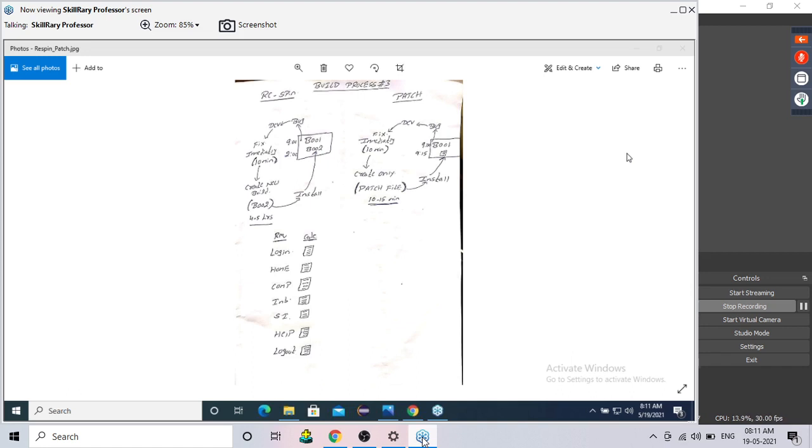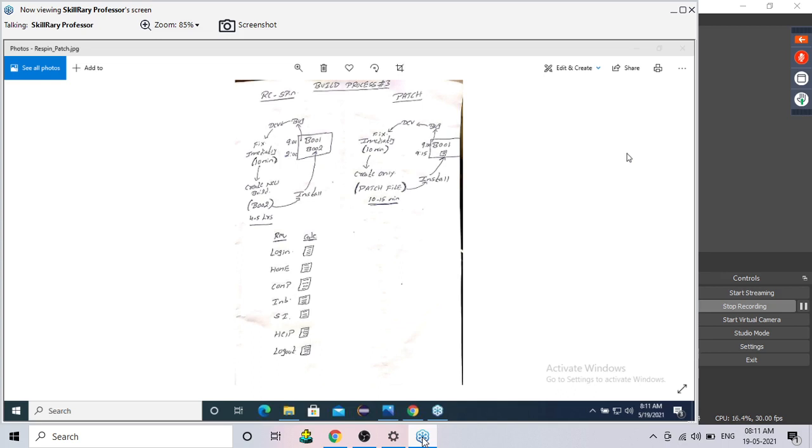But in case of blocker bugs, it needs to be fixed in the same test cycle or same build.